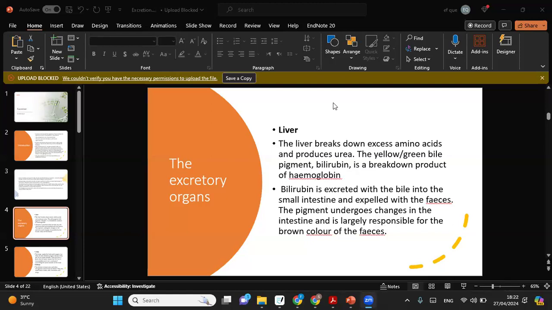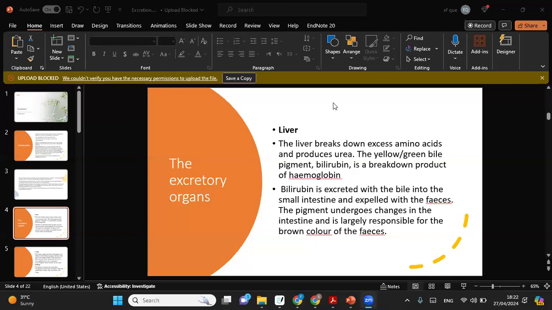To allow as much space as possible for your hemoglobin to be carried. Because they do not have a nucleus, they have a very limited lifespan. Red blood cells live about 120 days, around 4 months. Then they're broken down by the body and the body makes new red blood cells.